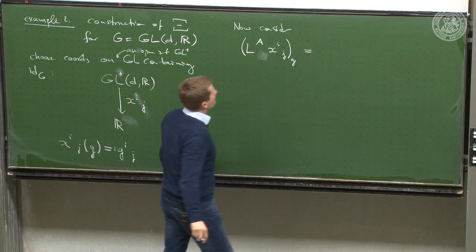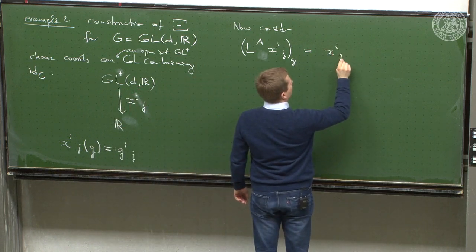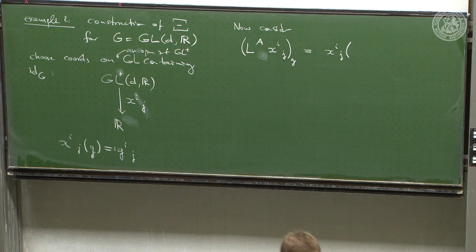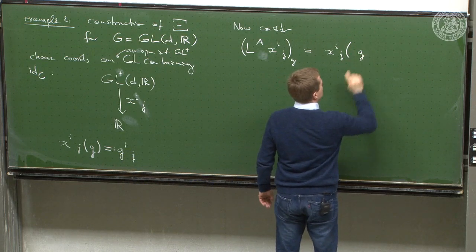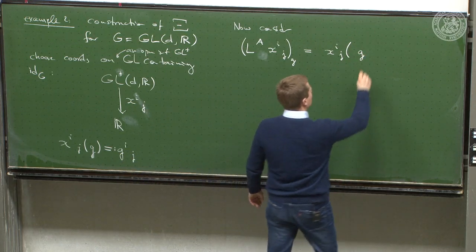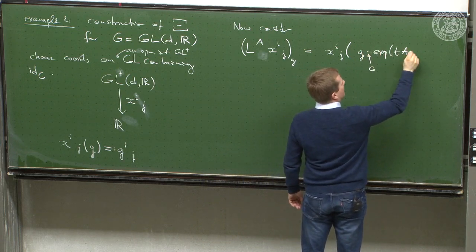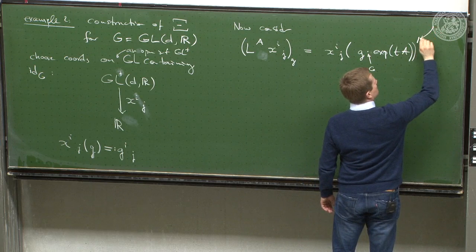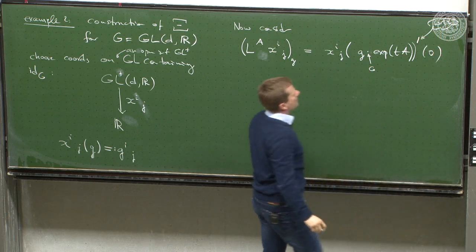What is the action of a vector field on a function? By the very definition, you let the function act on the curve to which the vector field is tangent. This vector field is tangent to g·exp(tA), and then you take the derivative with respect to t and evaluate at 0.